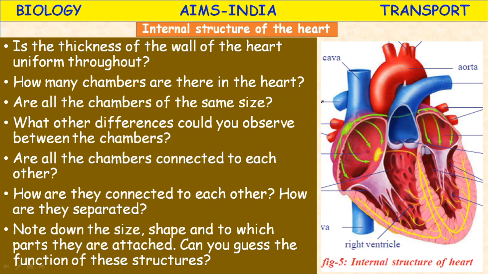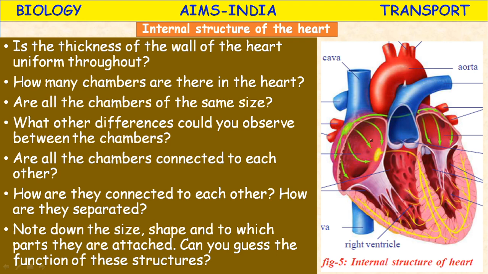How many chambers are there in the human heart? 1, 2, 3, 4. Four chambers. Are all the chambers of the same size? No, there is a difference in the sizes.